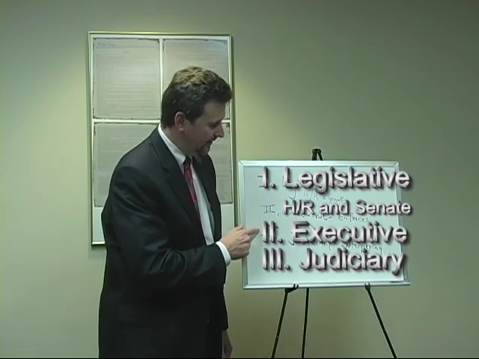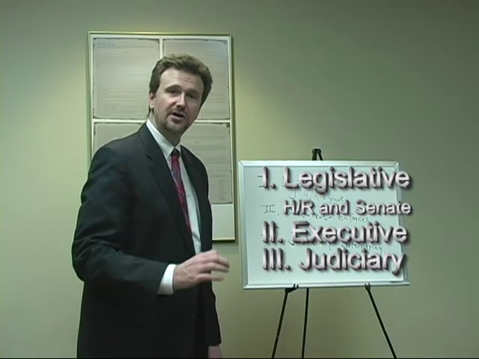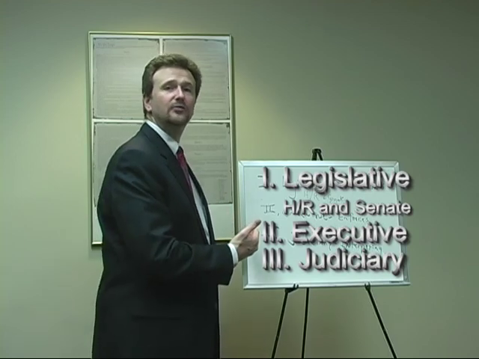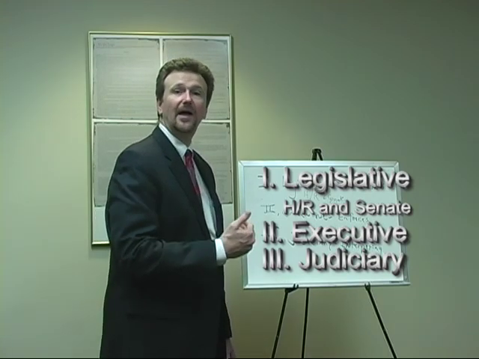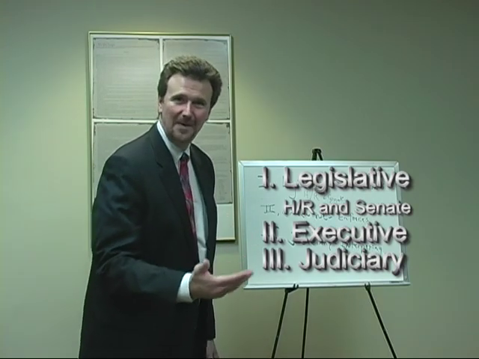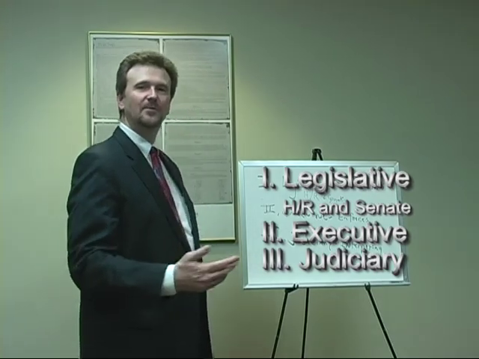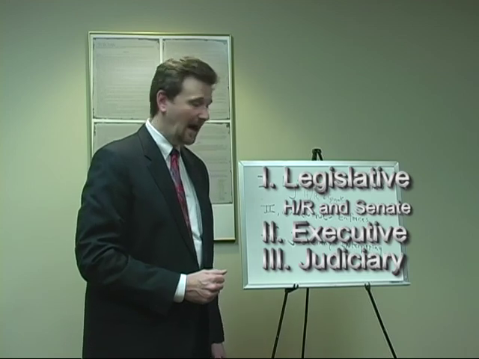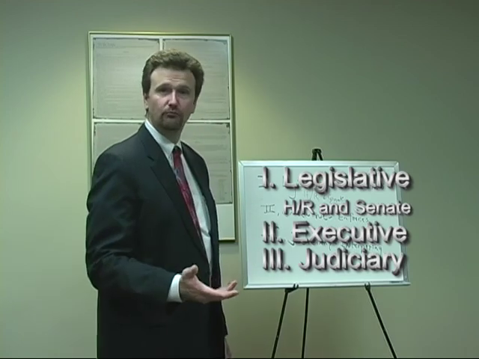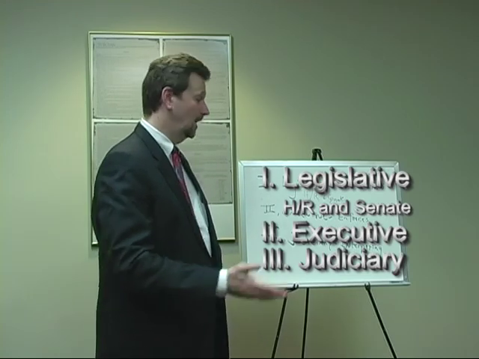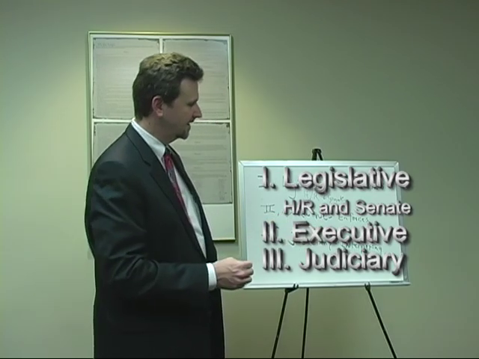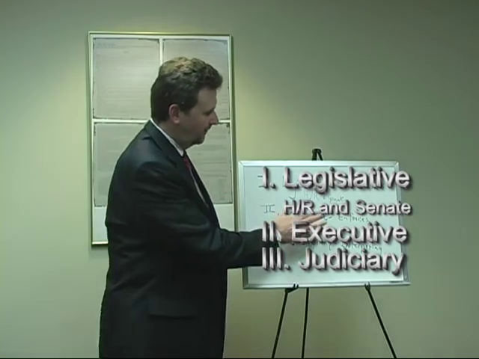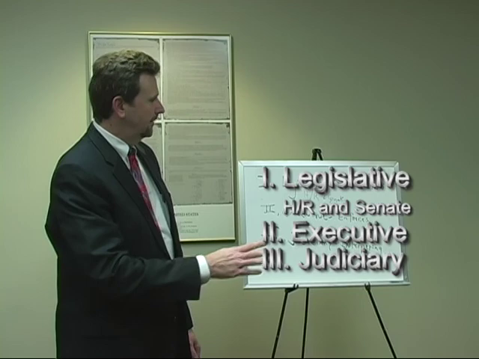And thirdly, in the third article, the judiciary is set forth, and they are allowed to maintain their jobs as long as they have good behavior, which has been interpreted to mean once you're appointed and approved by the Senate, you have that job for life, unless you, for some reason, are impeached, which is basically the same process of impeachment that can be used for the executive branch.